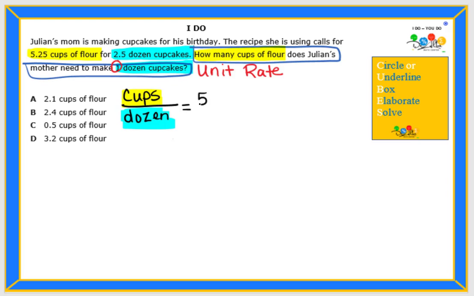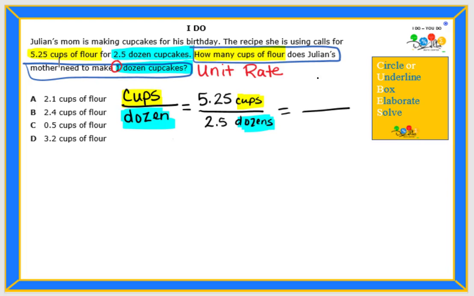They gave us 5.25 cups of flour that she used to make 2.5 dozens of cupcakes. So we have our cups and we have our dozens, but we want to know how many cups it takes for just 1 dozen cupcakes. We're looking for that unit rate.